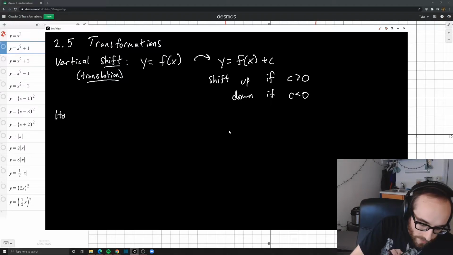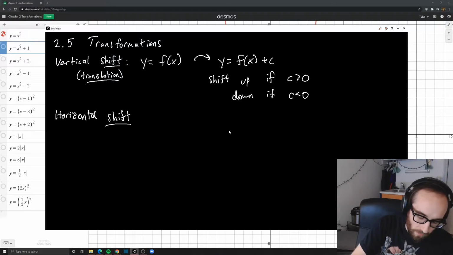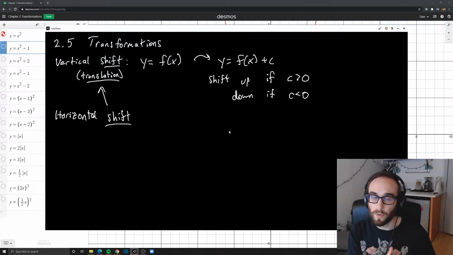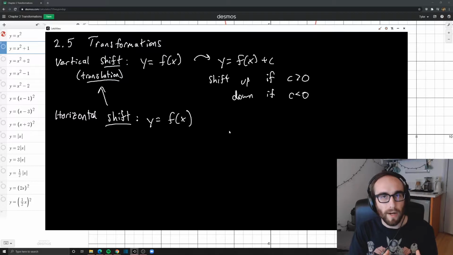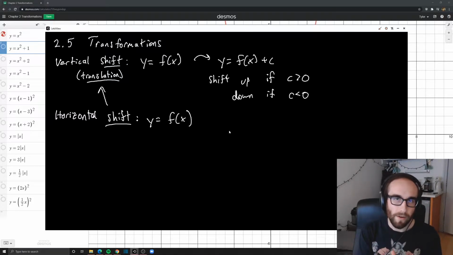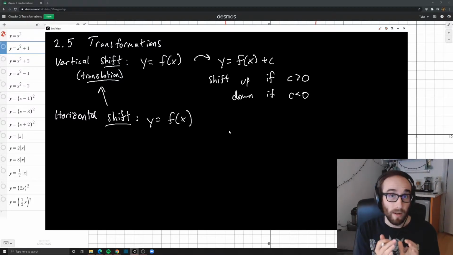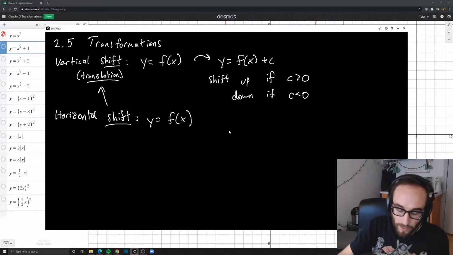Horizontal shifts are very similar. We're looking at a different part of our equation though. Horizontal shift. Again, you might also see it referred to as a horizontal translation. So here, similarly, we have y equals f of x. However, instead of adding or subtracting outside of f of x, we're going to be adding or subtracting the input of f of x. In other words, inside of the parentheses.